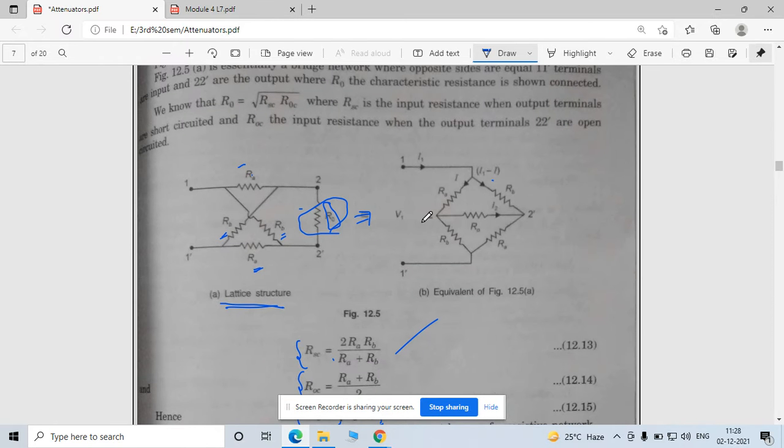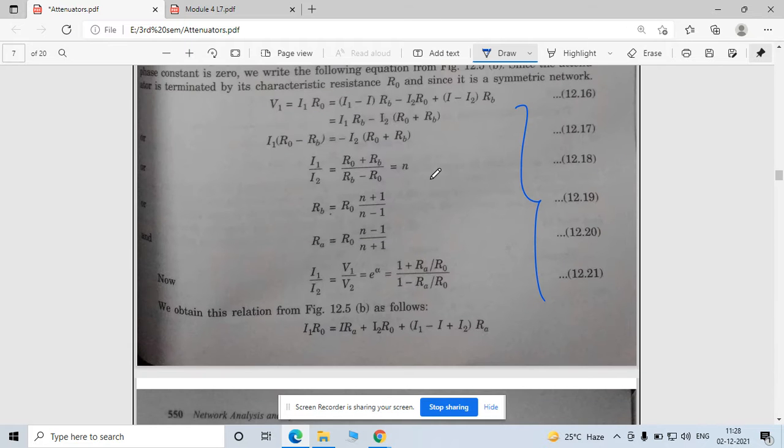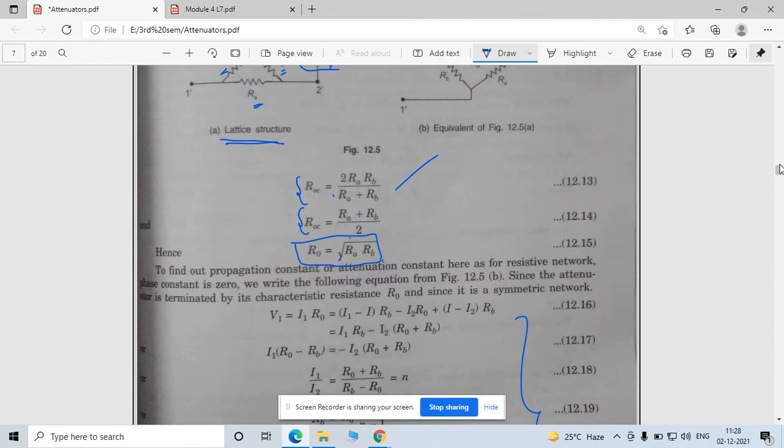This V1 is nothing but this voltage, the voltage at which you have to supply the current for this network, and the equivalent resistance of this network is equal to R naught, for matching impedance. So that's why V1 is equal to I1 into R naught. Now see the equation here, which is nothing but KVL applied for this loop. So this equation came from this branch.